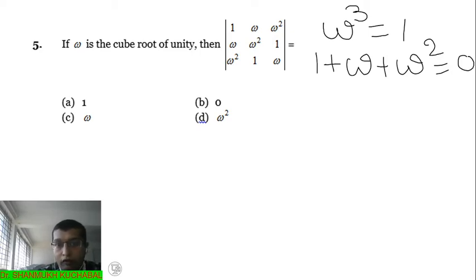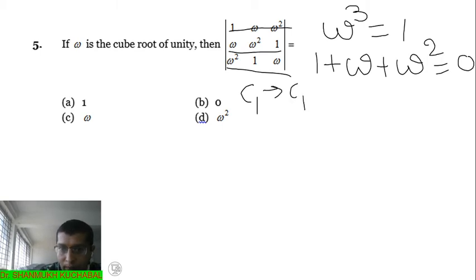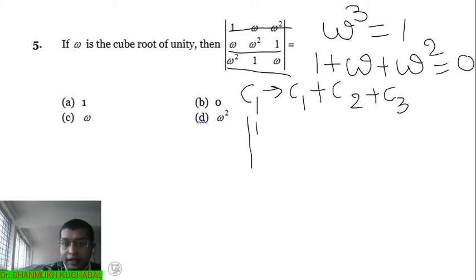Now what we observe, 1 plus omega plus omega square is present in every row. So what I will do is, column 1 changes to column 1 plus column 2 plus column 3, and we get this as 1 plus omega plus omega square, right?